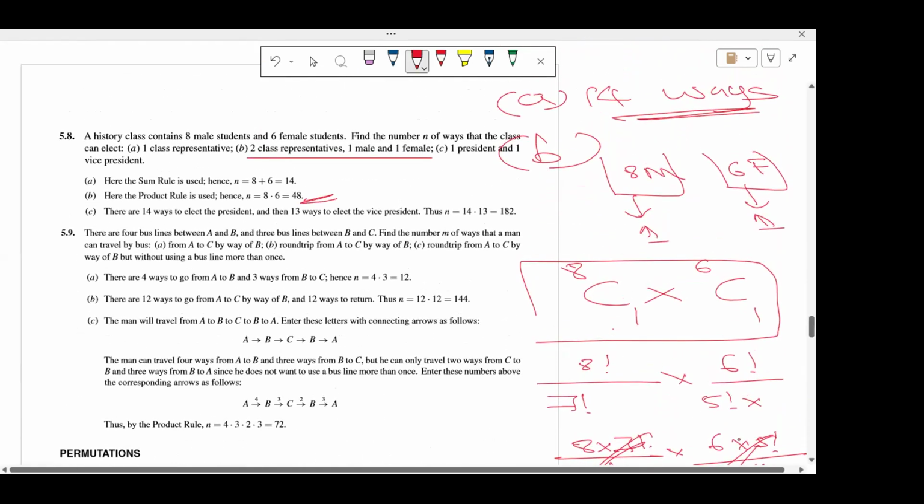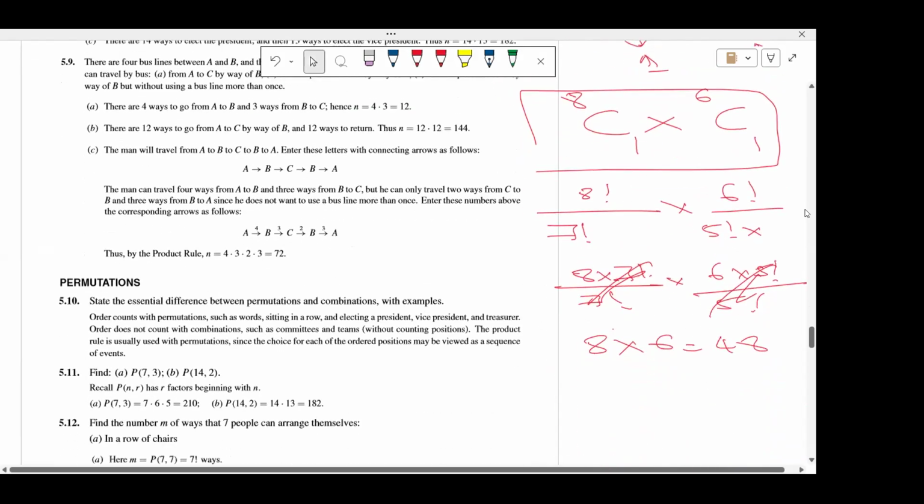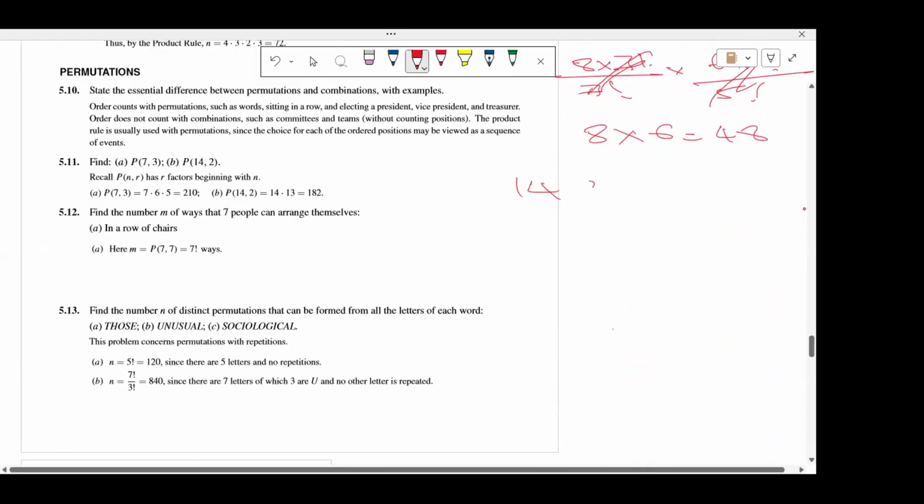Third question: one president and one vice president. Among these 8 male students and 6 female students, they are telling us there are no gender differences. Among these 14 students, we need to select one president and one vice president. Now tell me how we can apply this.